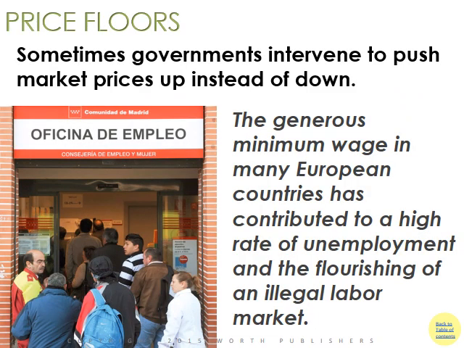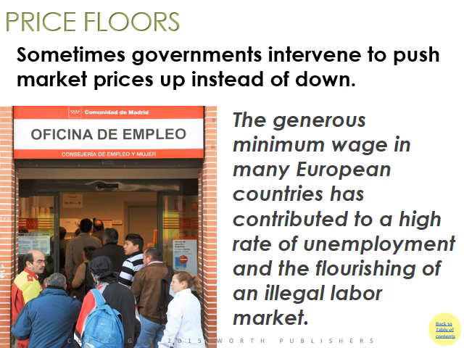Okay, now we're going to look at price floors, which are price controls that set a minimum price that buyers have to pay in the market. And we're going to look at what types of situations result in these types of price floors.